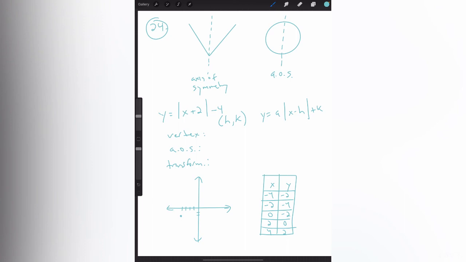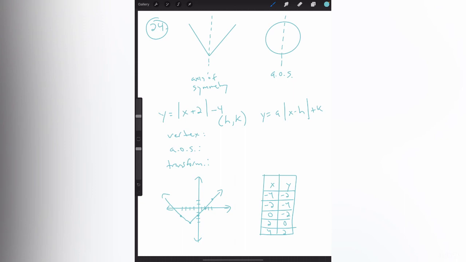Then 0, negative 2. We have 2, 0. And we have 4, up 2. Let's check this out. So I have that absolute value shape.